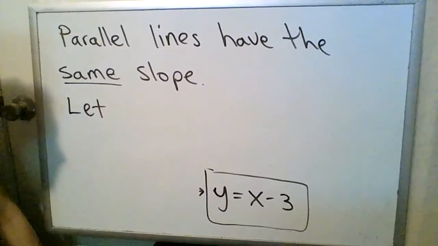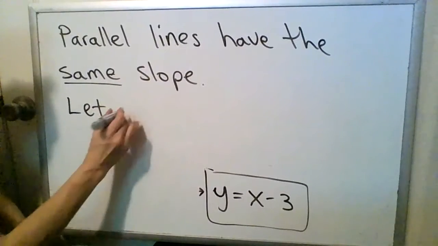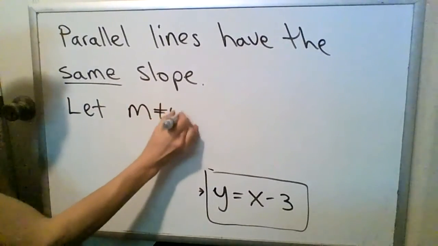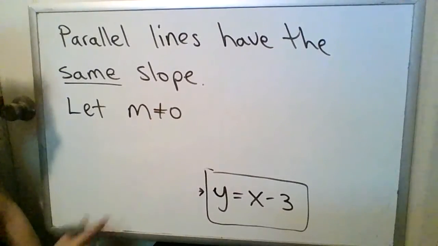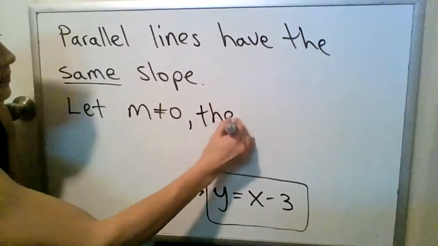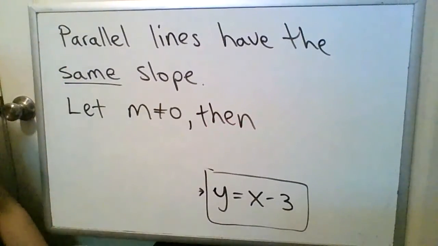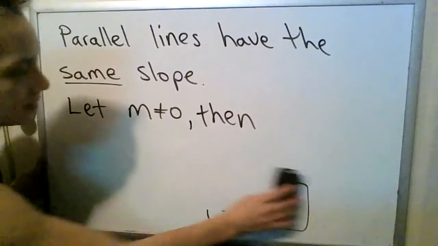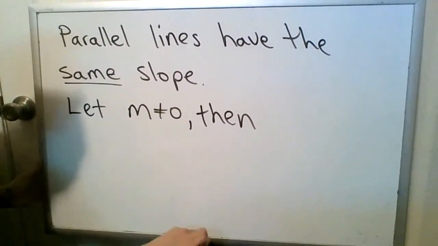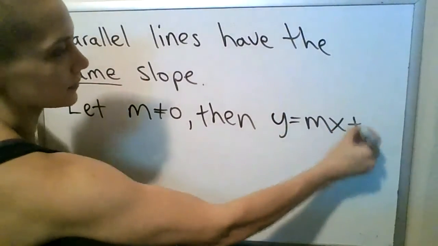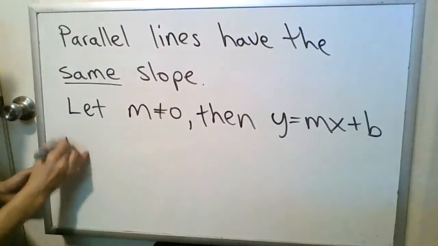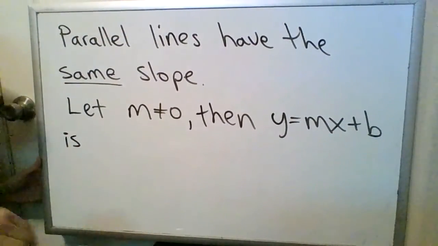Okay, let m be a non-zero number. Then y equals mx plus b. Perpendicular to.